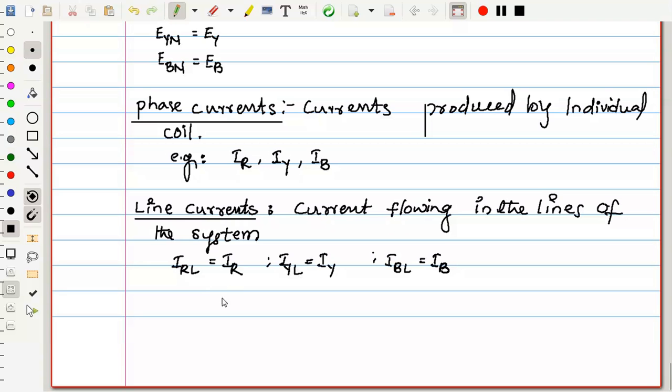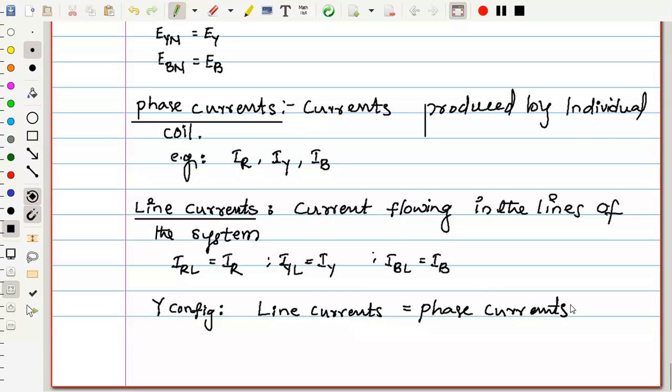So try to understand that. Here let me put it in terms of star connected configuration: in Y configuration, line currents are equal to phase currents. This is a very standard definition. You refer to any book, this follows. So in Y configuration, line currents are equal to phase currents.